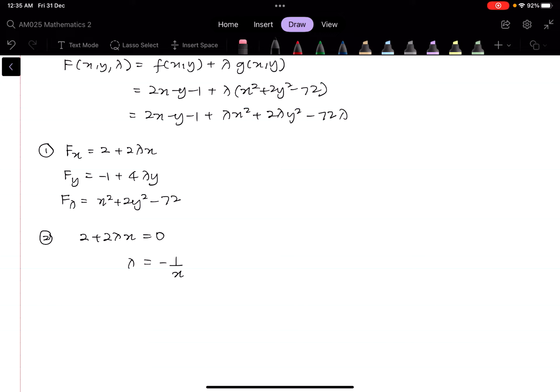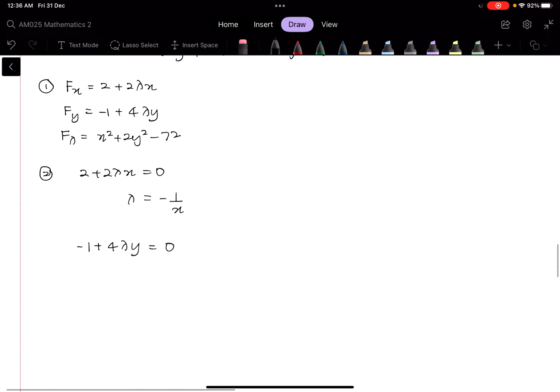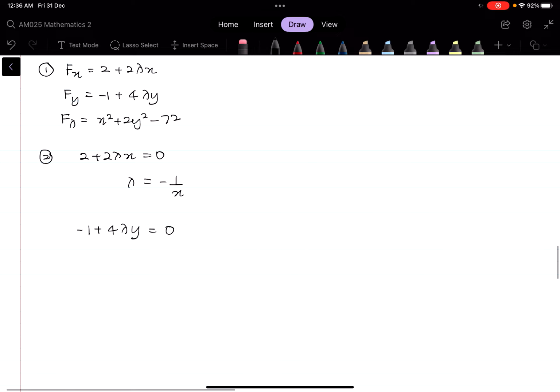Okay, so next we have another equation, which is negative 1 plus 4 lambda y equals 0. This is the second equation. So I'm going to substitute my lambda into my second equation. Let's say this is the first equation, this is the second one.